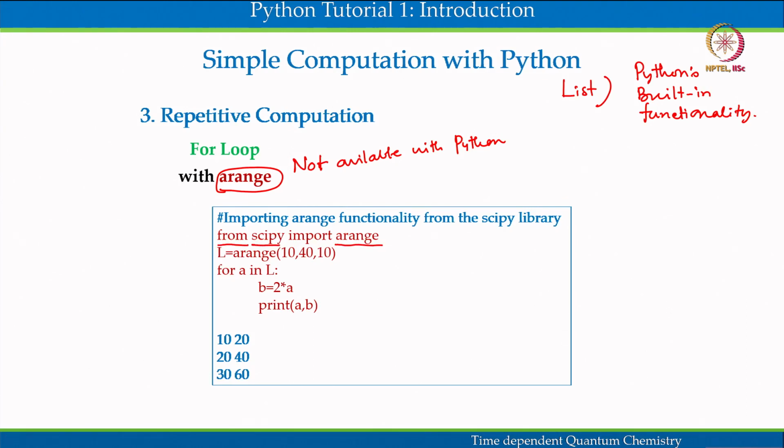This arange functionality works in this way. Again, I have to give the name for this list. L equals arange, within brackets start, comma, stop, comma, increment or step.